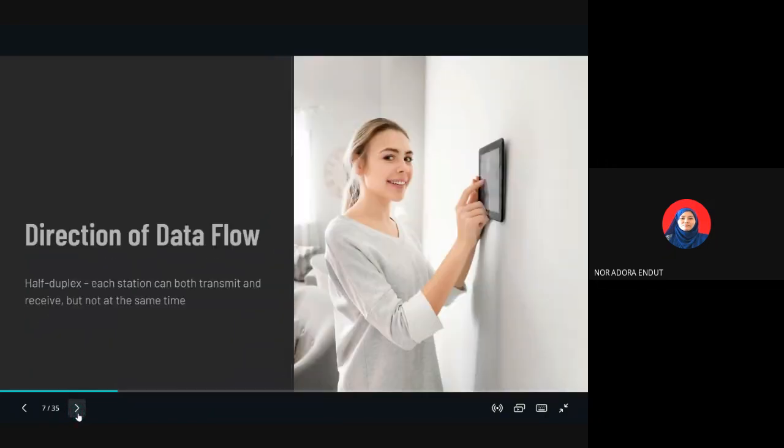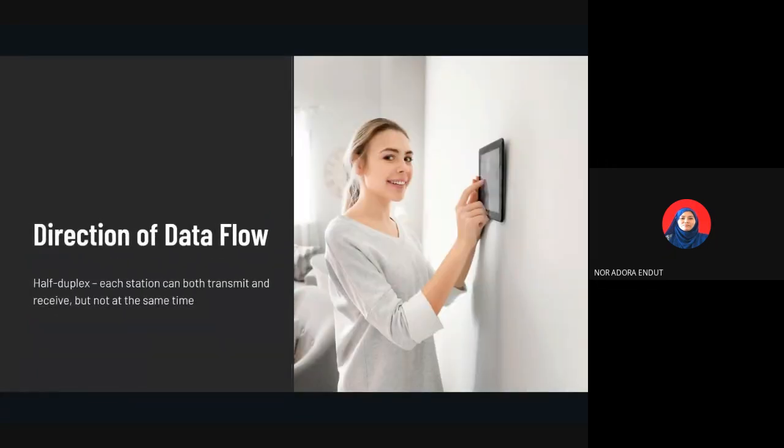Okay. Next, half duplex. Okay, in this case, each station can both transmit and receive but not at the same time. So contoh yang lama-lama kamu punya walkie-talkie kan. Contoh lagi ni home security system yang orang tu tekan buzzer. Siapa suka tengok K-drama tahulah kan.